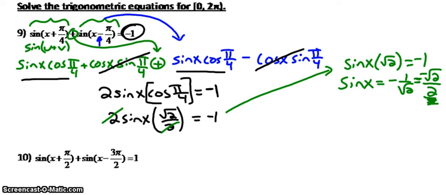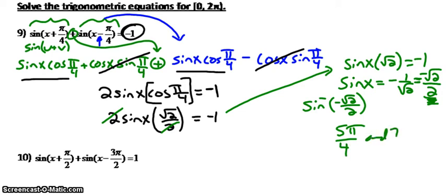So the inverse of sine, or the arcsine, of negative radical 2 over 2 will occur in two places. The two places this will occur are at 5 pi over 4 and at 7 pi over 4. So this is what my x value equals, those two values.